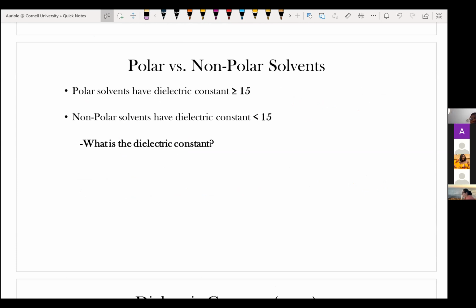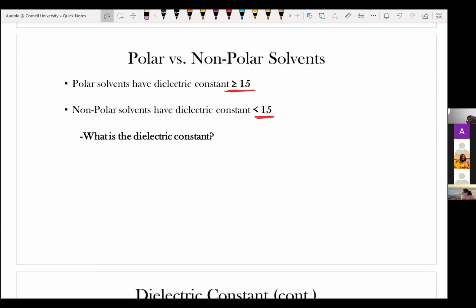From what we know, we can classify solvents as having dipoles, but very specifically, when we're talking about solvents, our polar solvents are going to be those with dielectric constants of greater than or equal to 15, and our nonpolar solvents have dielectric constants of less than 15. And so what is this dielectric constant? And why can't we just say, oh, this solvent has dipoles in it, so it must be polar?